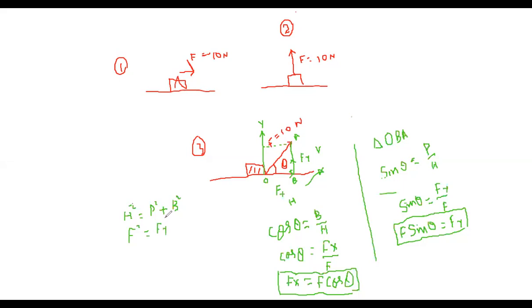But here, because the diagram is very clear and you know what Fx and Fy are, and how you can find the values of Fx and Fy, that's why hand in hand I am explaining that if Fx and Fy are given, you can find the value of F simply by using the Pythagoras theorem.